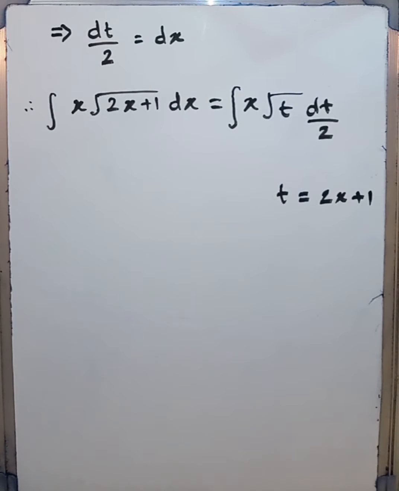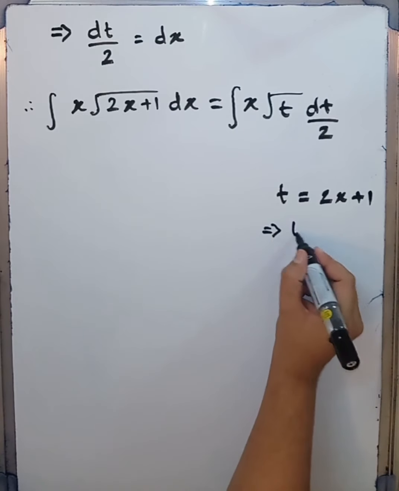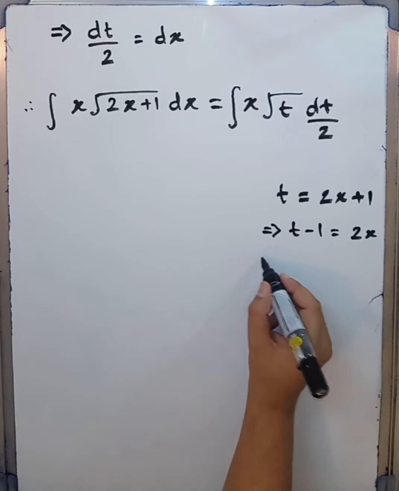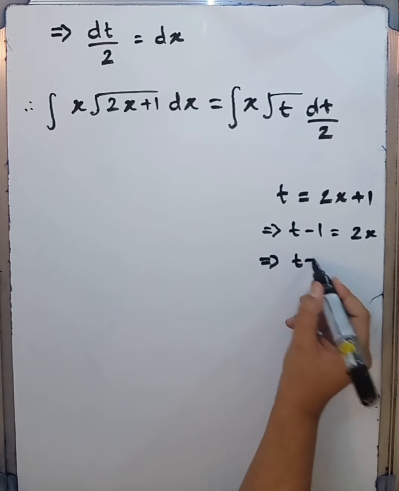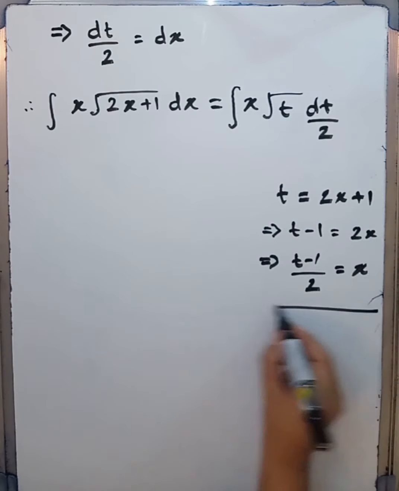This expression we will use to find x in terms of t. So this gives us t minus 1 is equal to 2x, and this gives us that t minus 1 divided by 2 is equal to x.